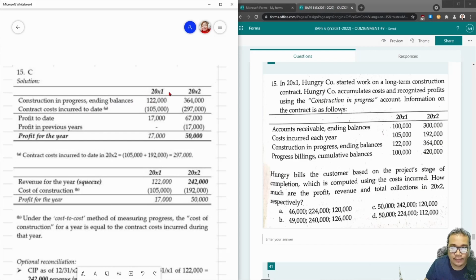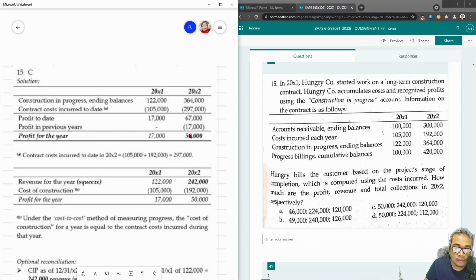So, ending balance natin for 20x1 is 122, provided here. Ngayon, since construction in progress is made up of the accumulated cost and the recognized profit, meron kang contract cost incurred to date of magkano? 105. O, tanggalin mo yan siya. So, kung anong matira, yun yung profit to date mo. Di ba? Kasi revenue yan siya. And revenue is made up of the profit and the cost. Tanggalan mo yung cost, natira na lang yung profit. In this case, that is 17K. Wala ka naman previous year, so profit for that is 17K.